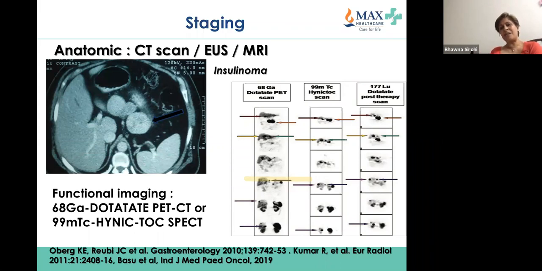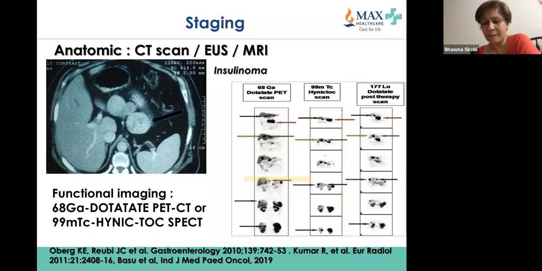As far as functional imaging is concerned, whichever city or town you are in India, you may not have a PET scan, but you may have a nuclear medicine department which is quite close. If you have a PET scan department within nuclear medicine, the patient should have a gallium DOTATATE PET scan.